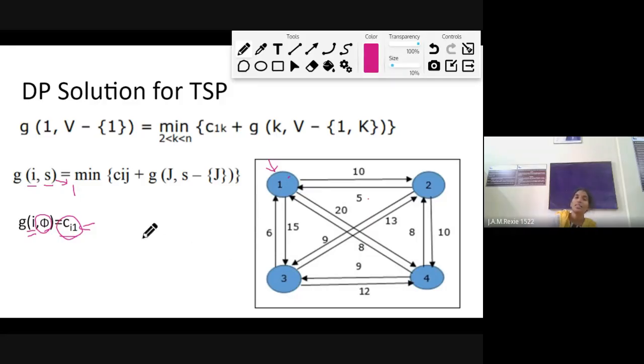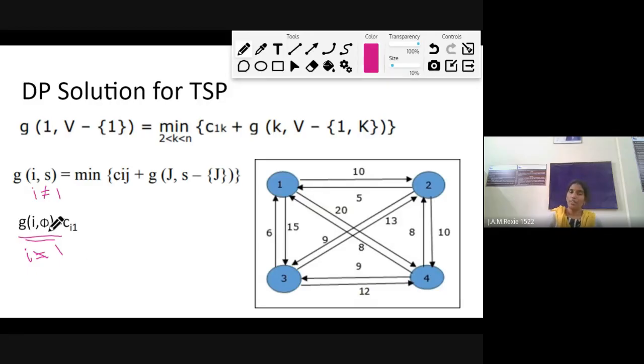So till we consider n minus 2 intermediate vertices, we have to compute this G of I comma S. So to solve this problem, we have to start from this calculation, this base G of I comma null. Again, for this also, I will not be equal to the source vertex 1. 1 to 1, the cost is 0 only.